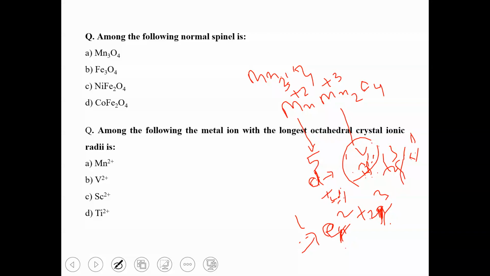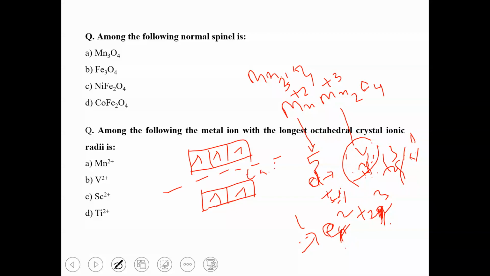So in tetrahedral complexes, when there is a splitting, this is e and this is t2. I am filling the electrons basically, and this is the barycenter.